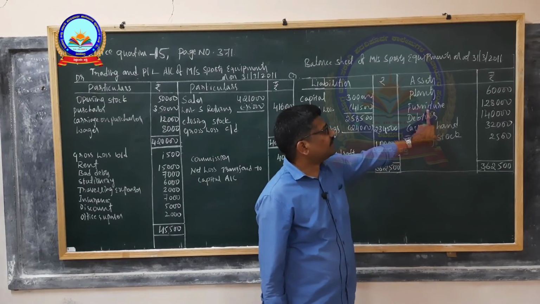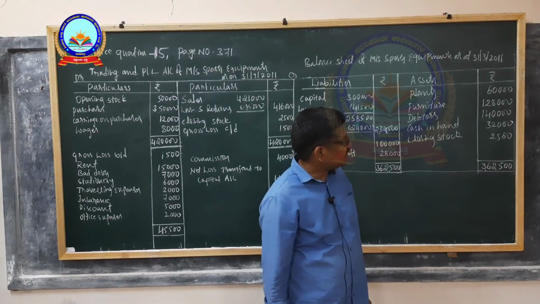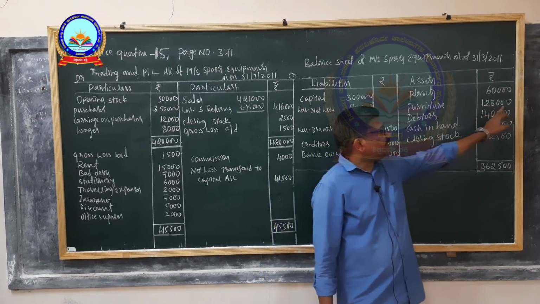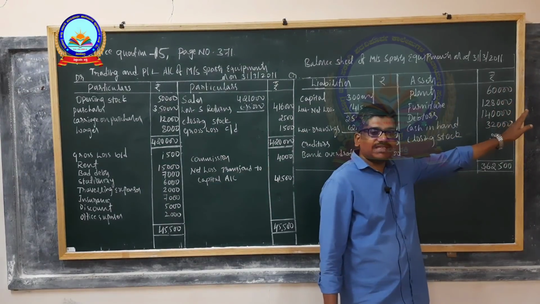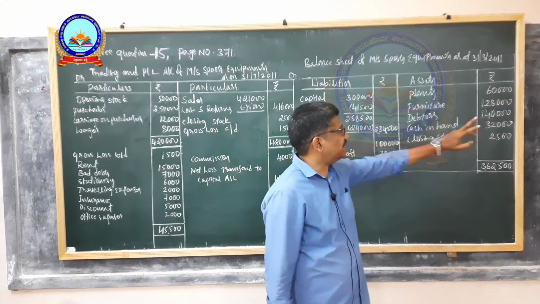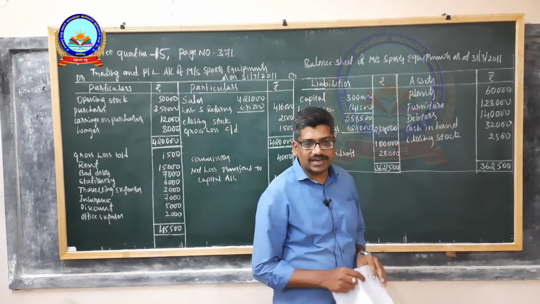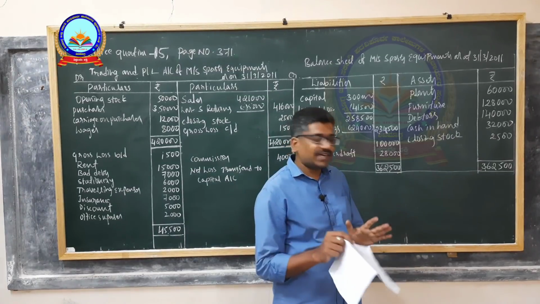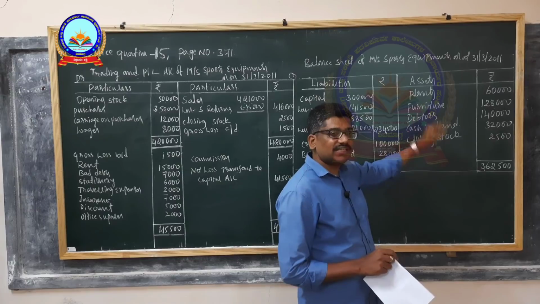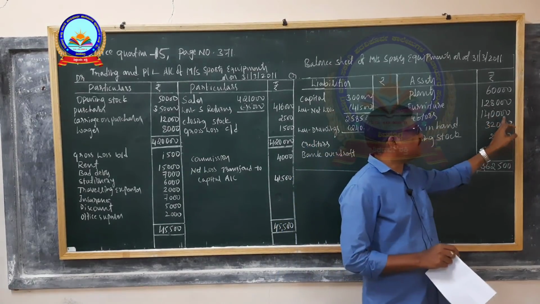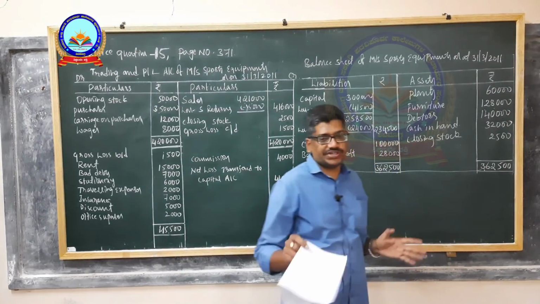Next, furniture, which is also treated as a fixed asset. The amount is 1,28,000 rupees and should be recorded on the asset side of the balance sheet. The next item is debtors, which is a part of current assets. Debtors worth rupees 1,40,000 should be recorded on the asset side of the balance sheet.